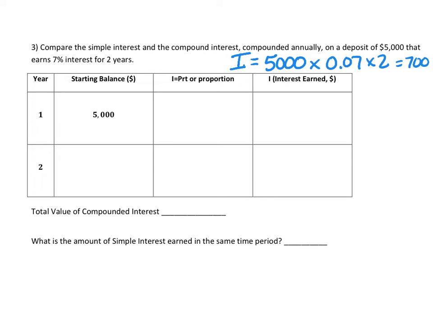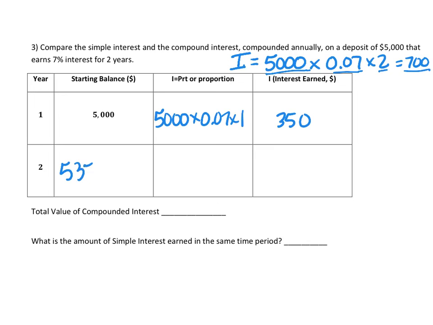Okay, we're running out of time, so I'm going to kind of finish this off. I multiplied 5,000 times 0.07 times 2, and I got $700 interest. That was the simple way. Now, if I did this with compound interest, I'd say 5,000 times 0.07 times 1. And I'd get 350.